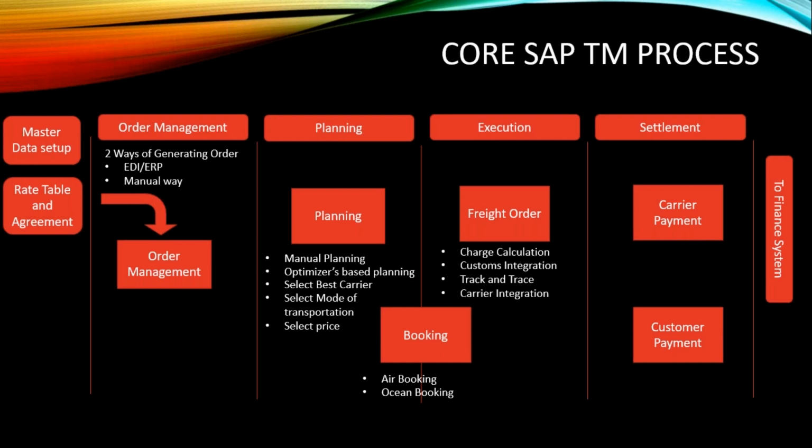Definitely, without ABAP code you cannot churn that data out. That requires data as well as ABAP effort to develop such kind of optimizer. Optimizer can be used for any kind of purpose. It could be used for route selection, it could be used for carrier selection, it could be used for pricing. So it totally depends on the business objective, on what particular basis you are actually proceeding ahead with. So that totally comes into the planning aspect.